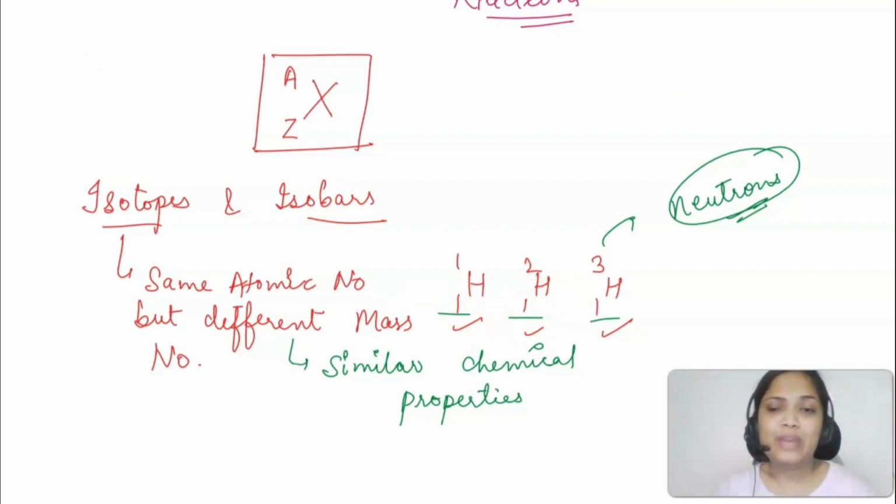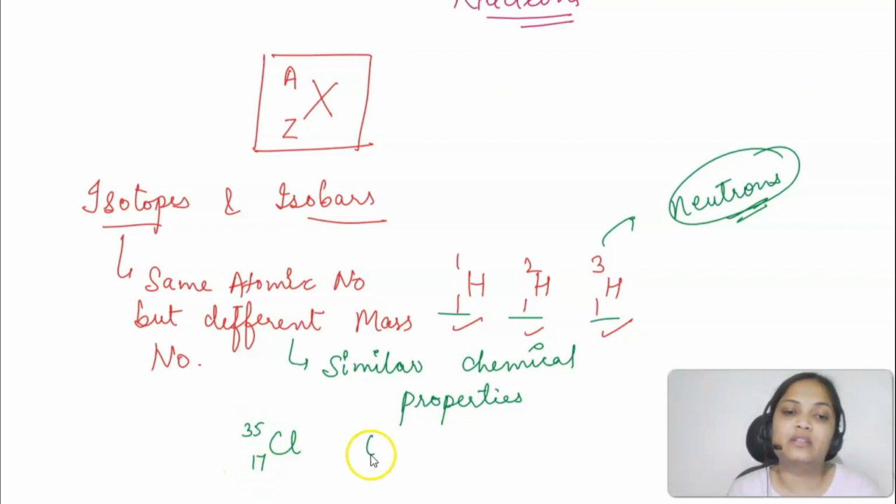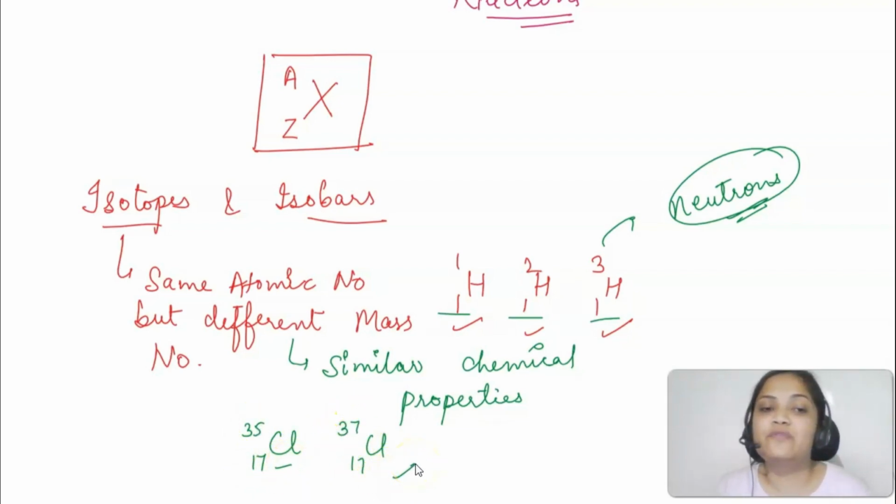Okay, so we are covering very basic things, right? I am telling you each and every basic concept so that ये आपको clear हो जाए. So similar chemical properties आपके सारे isotopes show करेंगे. For example, मेरे पास क्लोरीन के 2 isotopes हैं, one is 35 and one is 37. तो although इनकी physical properties में फर्क होगा, but both of them will react in a similar way because the number of electrons are same, that's 17.